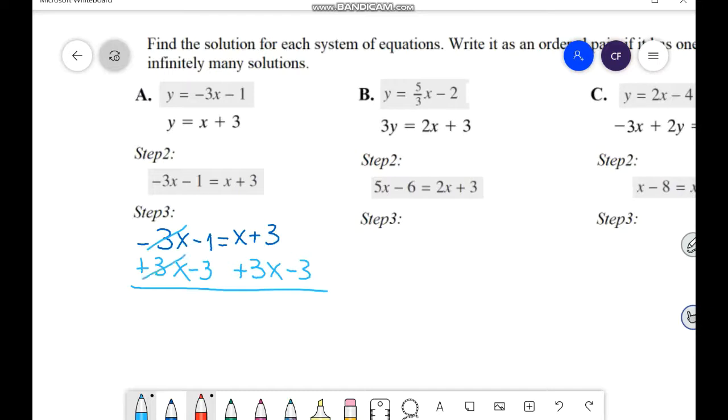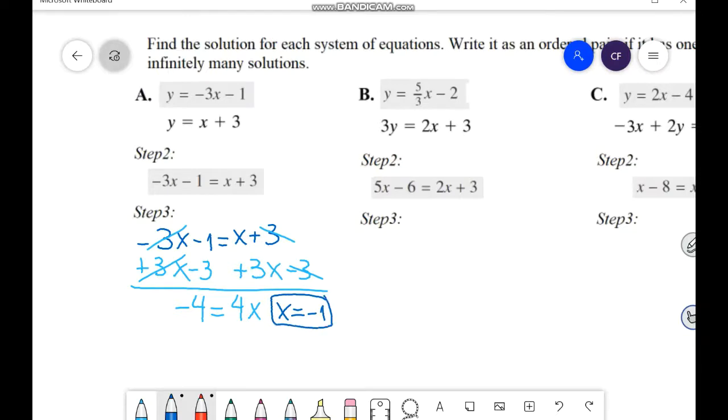Then we will have negative 4 equals x plus 3x, which is 4x, and this 0. Negative 4 equals 4x. Divide both sides by 4, and we find x equals negative 1. Right? x equals negative 1.